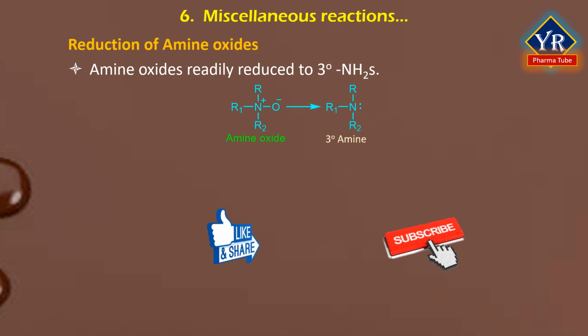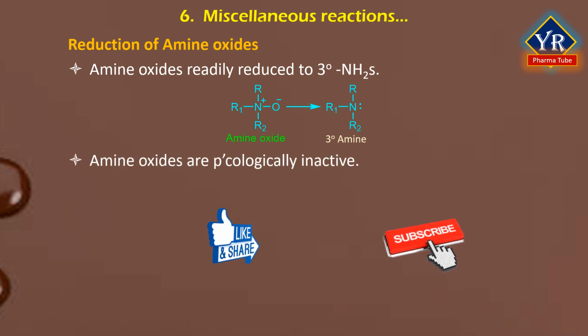There are a few drugs that are amine oxides, but there are many drugs that are tertiary amines, and amine oxides are common metabolites. The amine oxide is often pharmacologically inactive. However, because they are readily reduced back to tertiary amines, amine oxides can act as a buffer to the concentration of the tertiary amine.